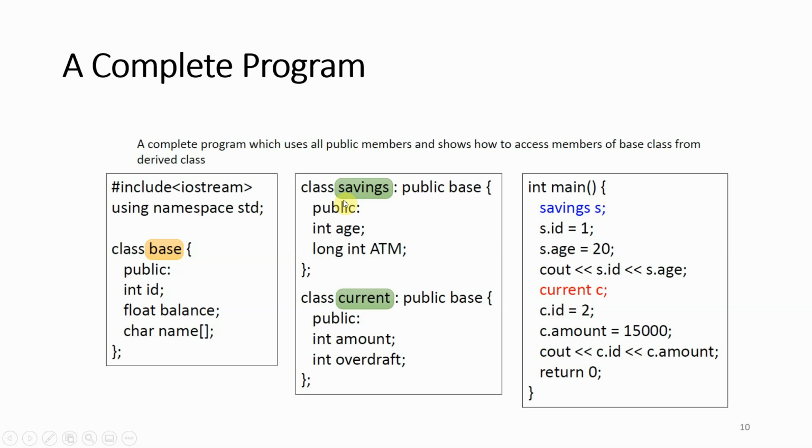It depends on two things: their access mode in the parent class, and also the inheritance access mode. So if we want to know the access modes of these inherited member variables for class savings, we have to see their access mode in the base class. We also have to look at the inheritance mode.